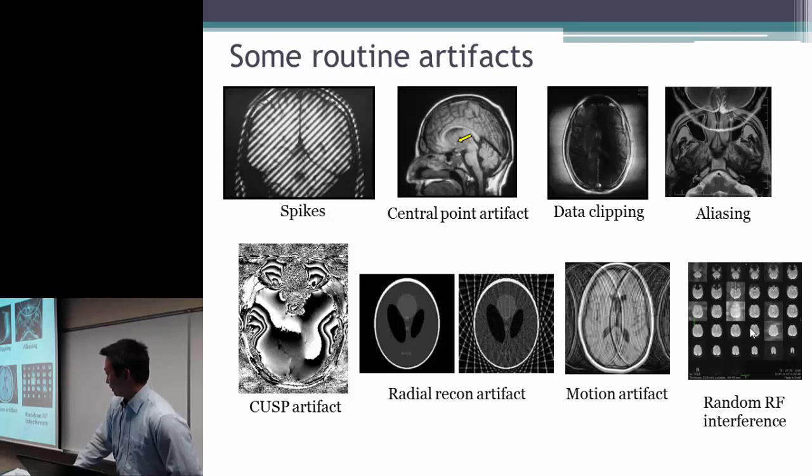And here is another example of random RF interference. This was data we collected a while ago. We are seeing these EPI images that have random signal variations. We are not exactly sure what caused this, but we suspect it is radio frequency interference coming from outside the scanner room.